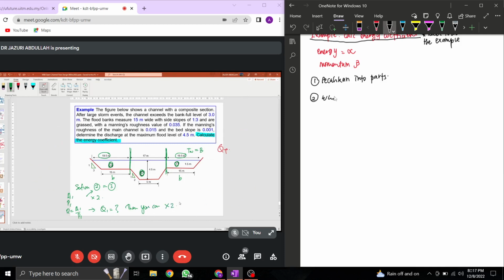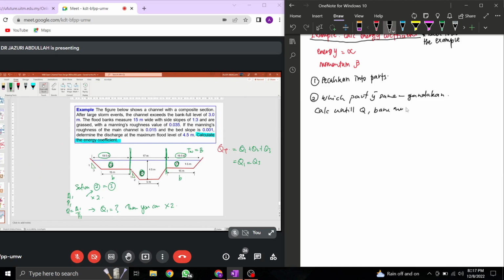Okay, so ingat tadi untuk Q total ni adalah Q1 plus Q2 plus Q3 and then Q1 equal to Q3. Jadi you boleh kali dengan 2. Okay, so iaitu untuk you punya section yang nombor 1 tu lah. Okay, so and then bila untuk calculate kepada section nombor 2 tu pula you akan dapat macam biasa jugalah.